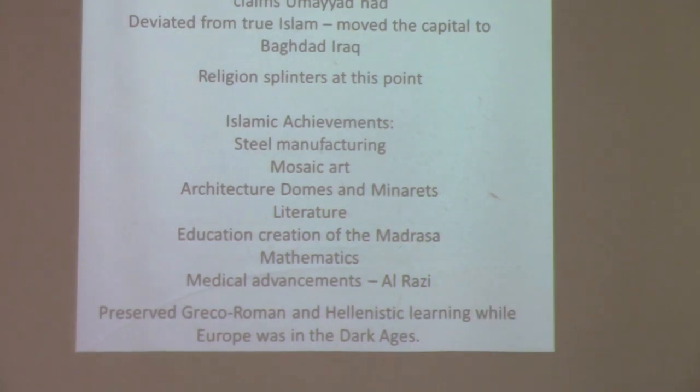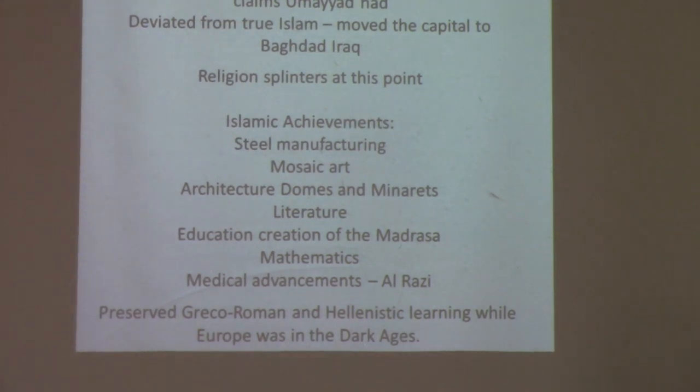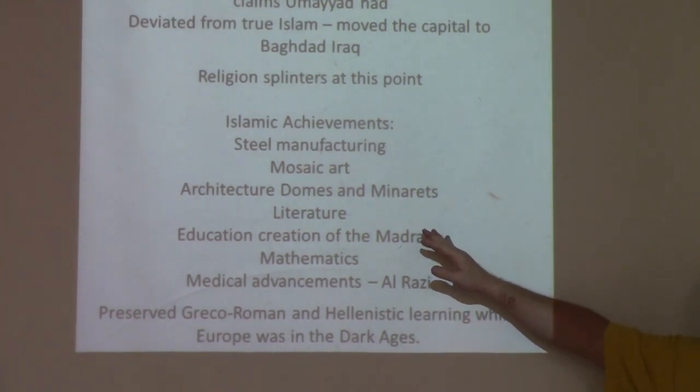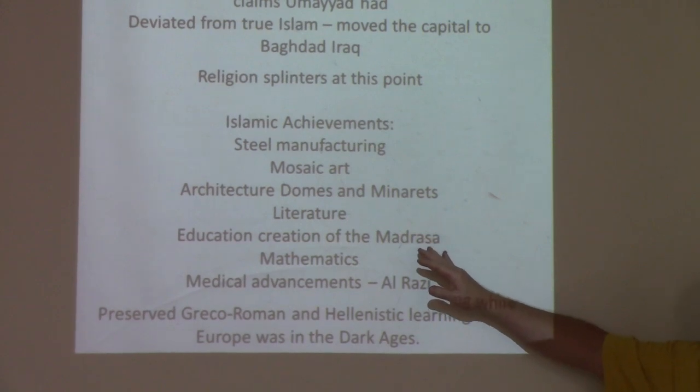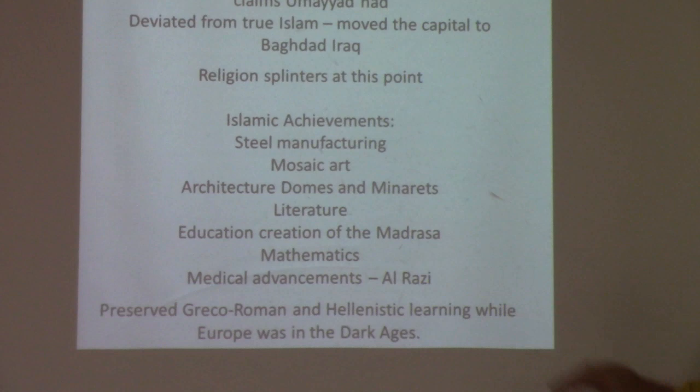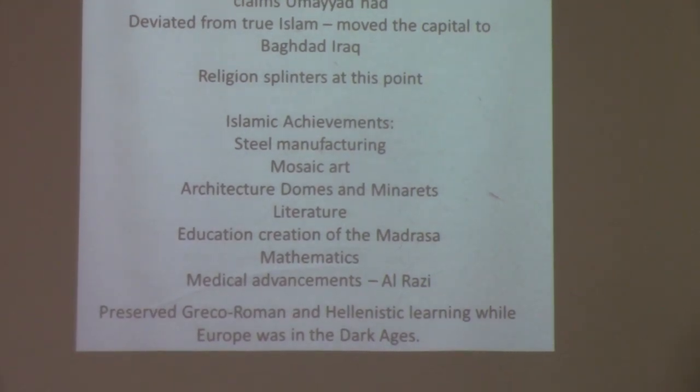And Muslims made fantastic achievements in the art of steel manufacturing with Damascus steel and acid etching. Wonderful mosaic art, the colored geometric tiles, making pretty geometric patterns. Literature, Ali Baba and the 40 Thieves, Aladdin and the Magic Lamp, the Voyages of Sinbad the Sailor are written down and come out of this time.